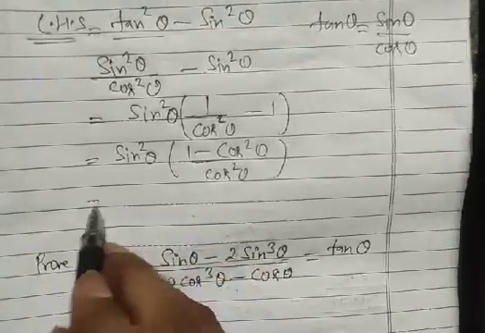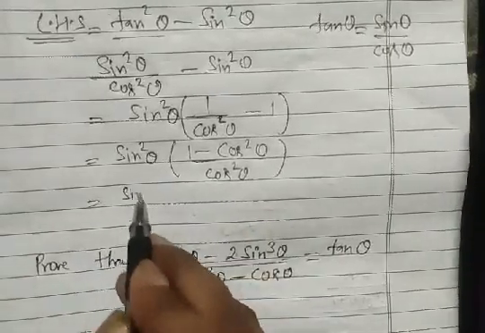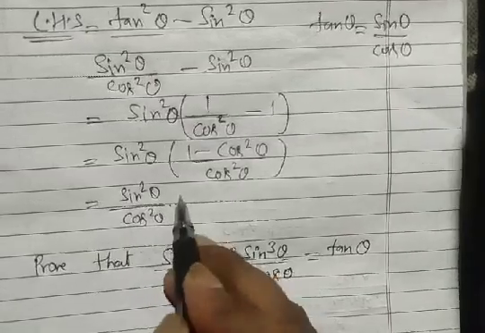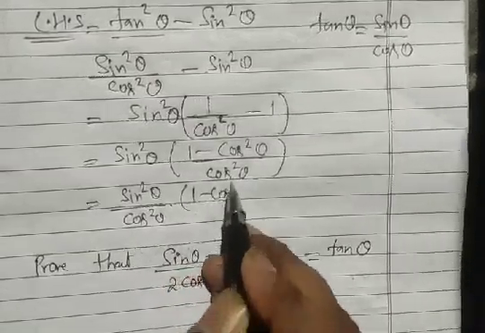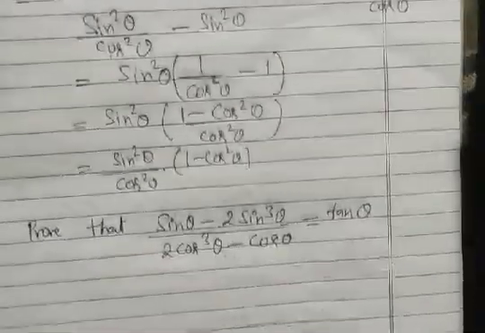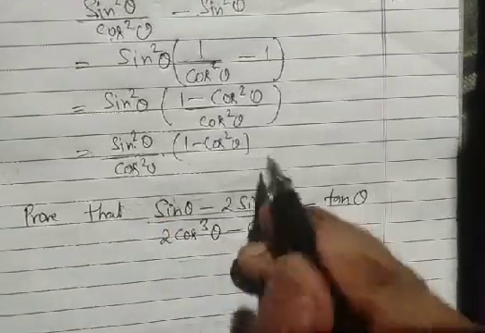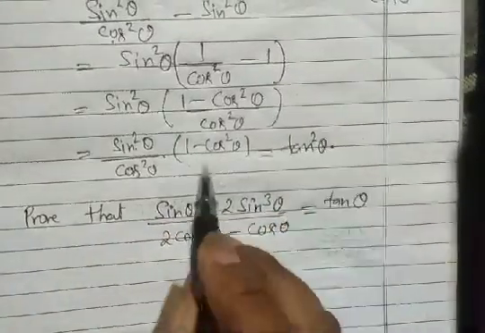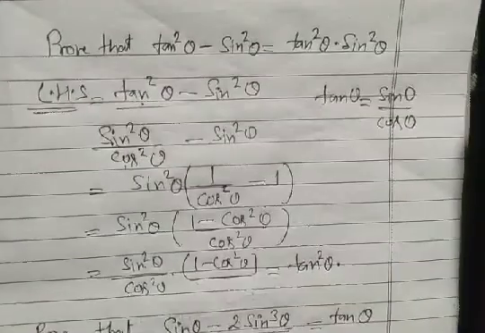Now we can write it taking sin square theta upon cos square theta, and here 1 minus cos square theta. Now look, we can write sin square upon cos square theta as tan square theta. Now we have 1 minus cos square.